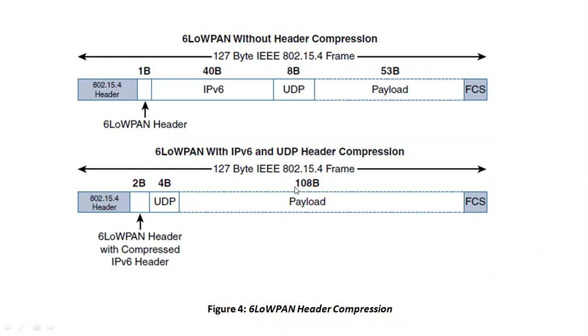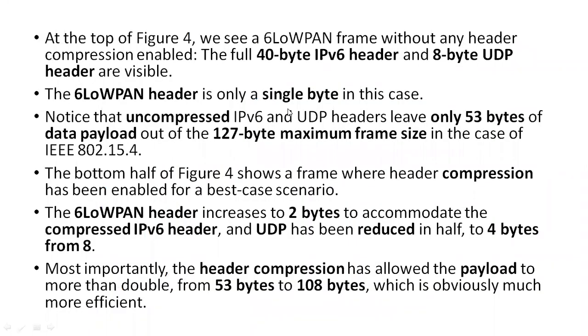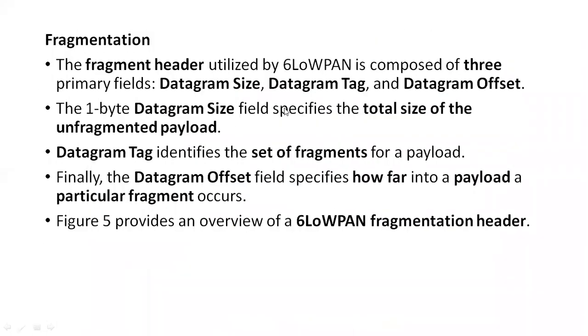That is 108 bytes of payload you are getting. Where is 53 and where is 108? You just remember, this is the beauty of header compression. Header we compressed here. Okay. Next, fragmentation. Fragmentation is nothing but dividing the data into small parts.